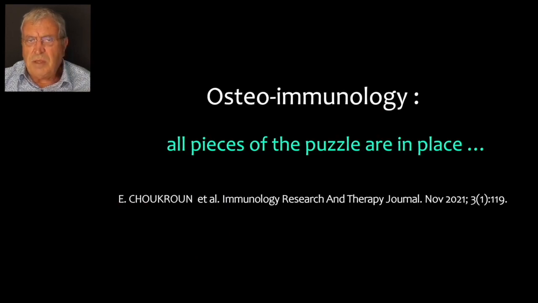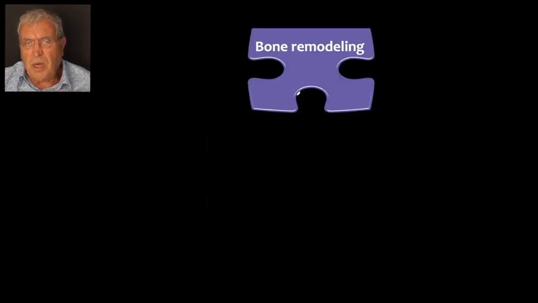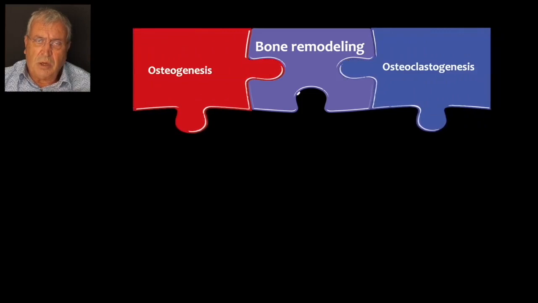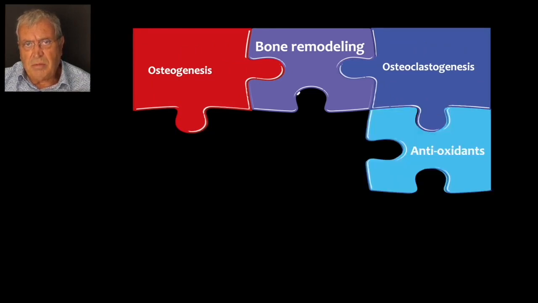So now all pieces of the puzzle are in place. We know what we want. We want bone and stability, meaning remodeling. And for that we need both osteogenesis and osteoclastogenesis. The first condition is to have enough antioxidant.